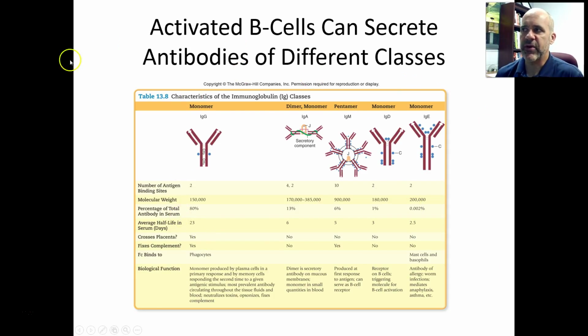So there are some tables in your textbook that review characteristics of these different antibody classes. The generic Y-shaped antibody that we always talk about is a class of antibody known as IgG. Ig stands for immunoglobulin. That's another name for an antibody.